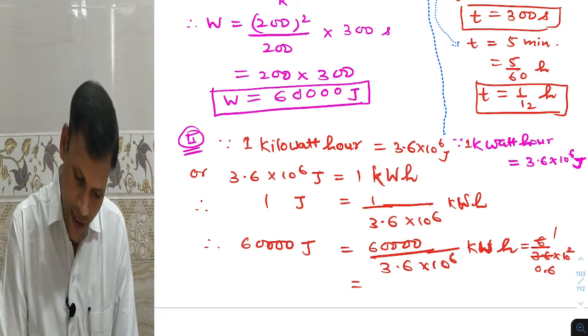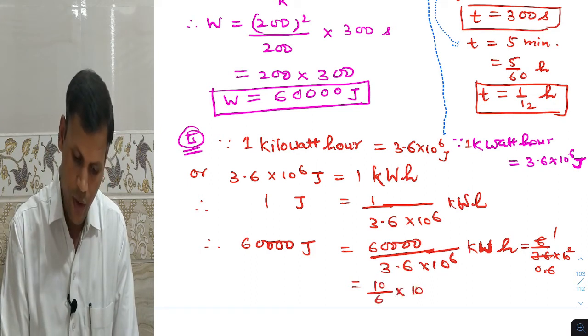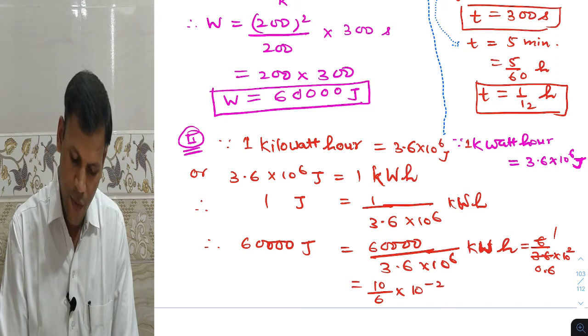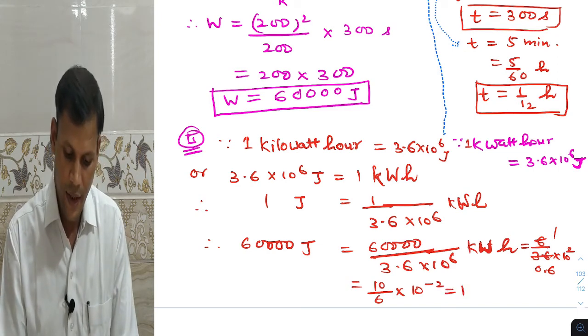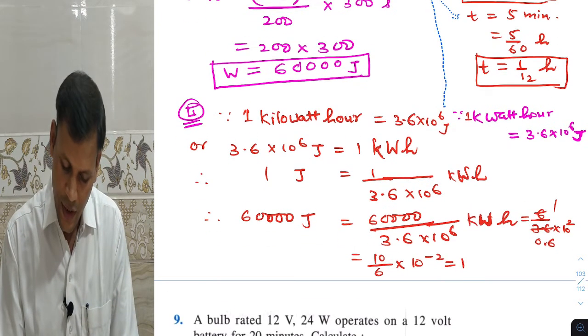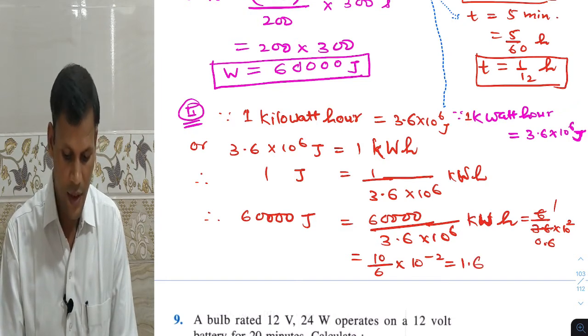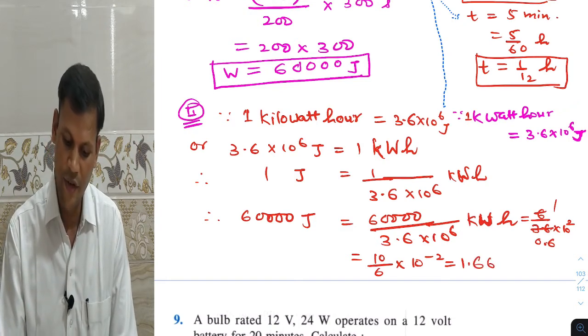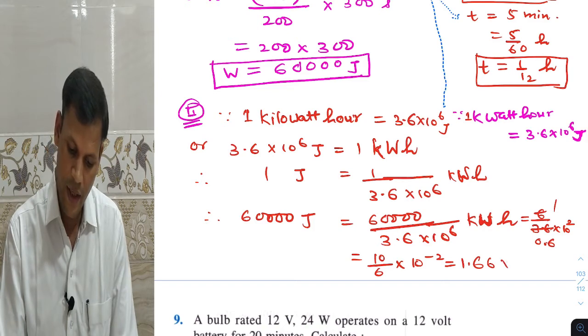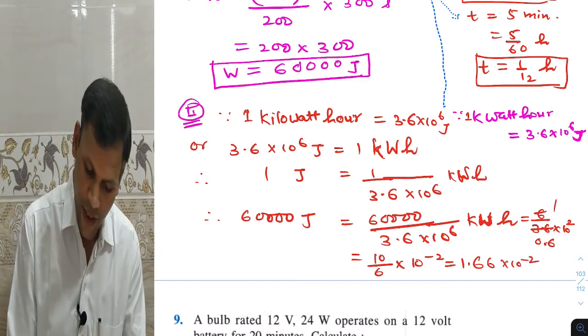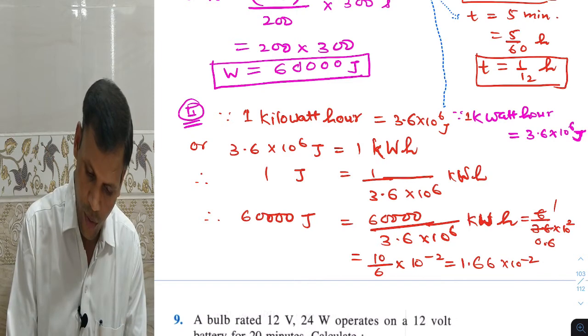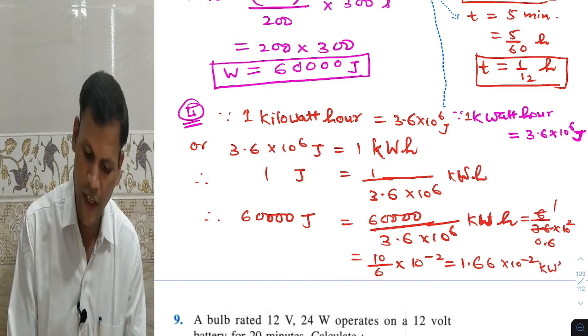So 10/6 into 10⁻², which we can write 6 1s are 6, 6 1s are 6, 4 10, so 40, 6 6 are 36, and so on, recurring it will be, into 10⁻². So finally we can write that much kilowatt hour, it will be in kilowatt hour.